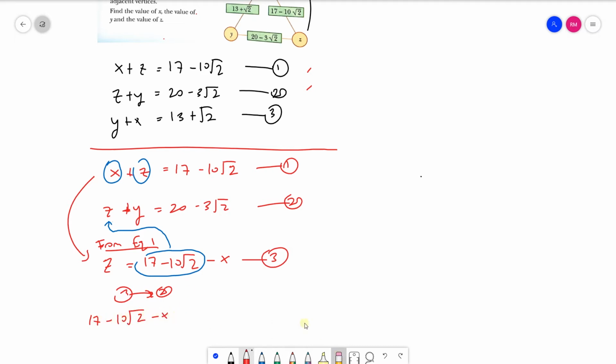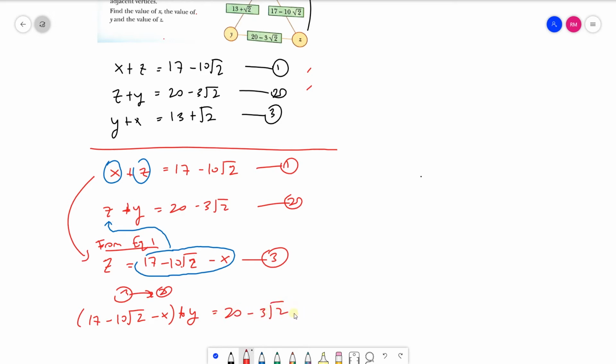Sorry, I made a small mistake. It's supposed to be everything, not only the surd. It's supposed to be 17 minus 10 surd 2 minus x, everything. This is the value of z, so plus y, and then equals 20 minus 3 surd 2.